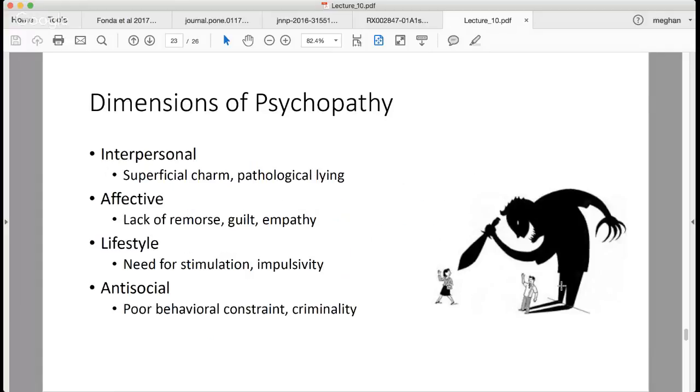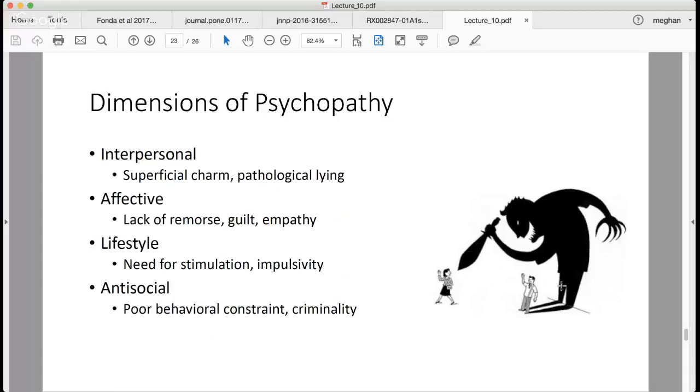So there are four dimensions of psychopathy: interpersonal, affective, lifestyle, and antisocial. Lifestyle and antisocial dimensions are more closely related to the DSM diagnosis of antisocial personality disorder than the interpersonal affective dimensions are. So we have a psychopathy lab on campus. That's where I did my dissertation work. And we break psychopathy into two orthogonal factors: fearless dominance and impulsive antisociality.